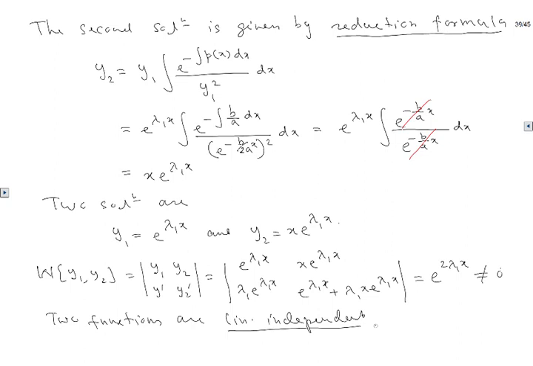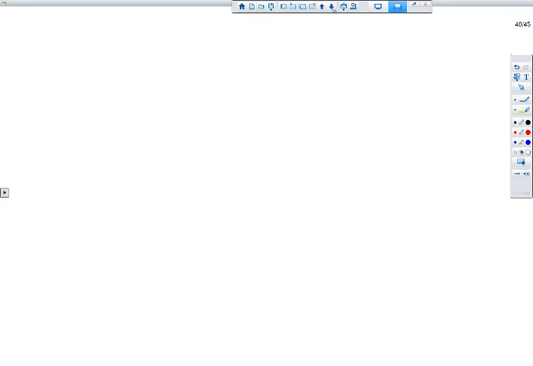So that means this is a fundamental set of solutions because these two are linearly independent and form a fundamental set of solutions. Good. So let's go to the third case. So case number 3.